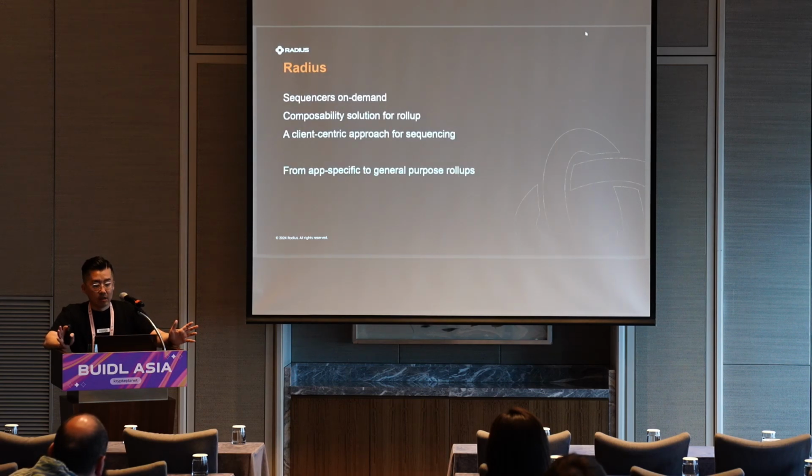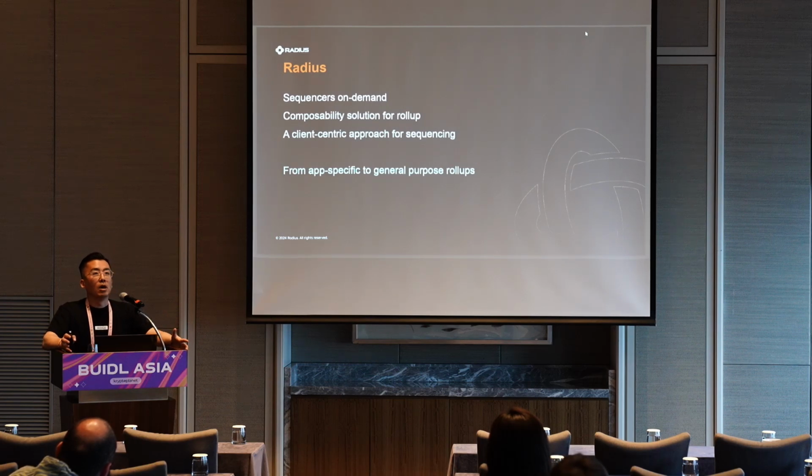Radius, which I founded two years ago, is building a sequencer on-demand service, and we are also building composability solutions for rollups. Our approach is client-centric, which means we've been discussing with multiple rollups and dApps who want to deploy their own rollups.